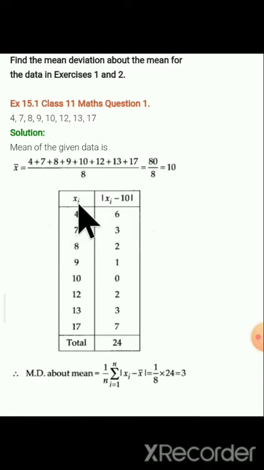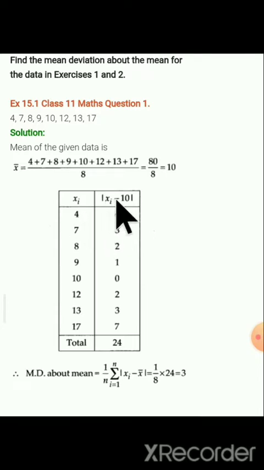Next write down here first column equal to xi value, that is 4, 7, 8, 9, 10, 12, 13, 17. Next xi minus x bar. So x bar equal to, we got 10. So xi minus x bar is 4 minus 10, that is minus 6.